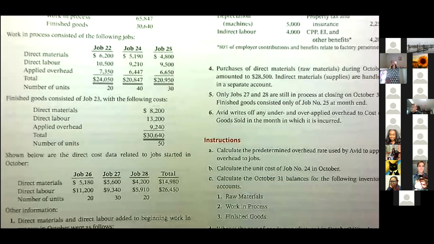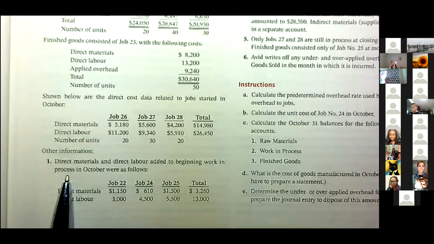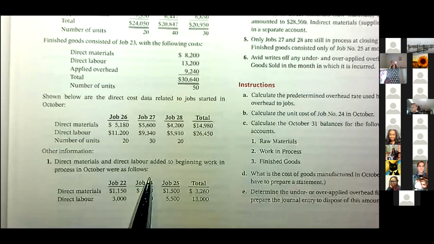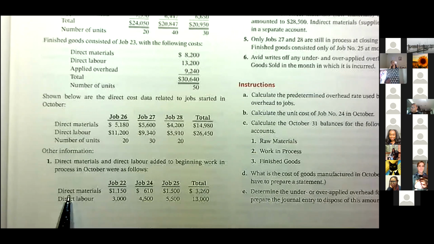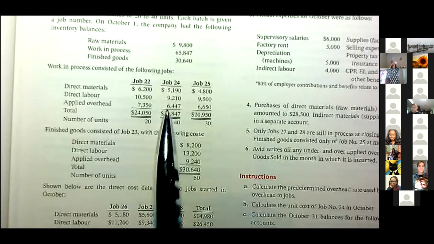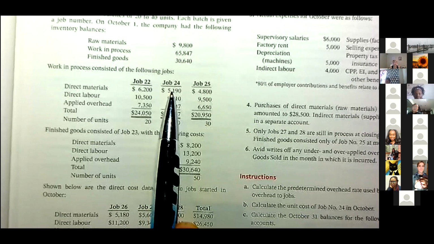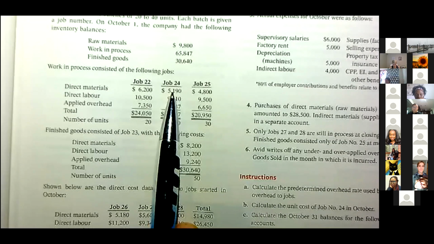So if you take a look at other information here, direct material and direct labor added to beginning work in process in October were as follows. So during October, they add more materials and more labor. Do you see job 24? If you only use this information for work in process, this job is not done yet, right? When you say the unit cost of a job, you mean when the job is finished.